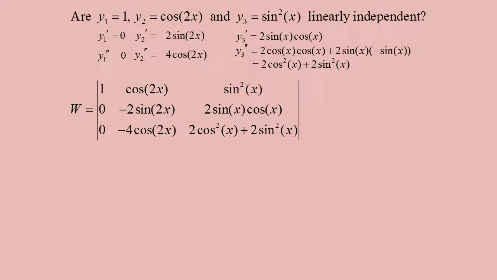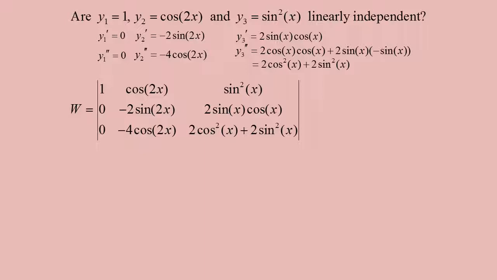So, to evaluate this determinant by hand would require a process known as expansion by cofactors. I can't go through the entire process in this short video, so you may want to go investigate that if you intend to be evaluating these by hand.